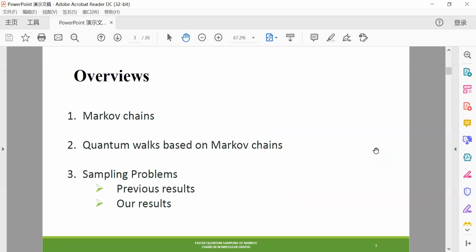We know quantum computing is one of the key technologies in the world, and it can speed up some classical algorithms. Here, we want to use quantum walks based on Markov chains to speed up sampling problems.